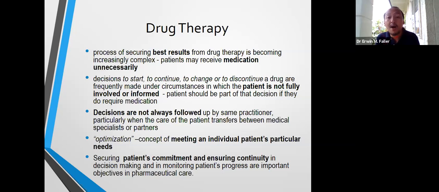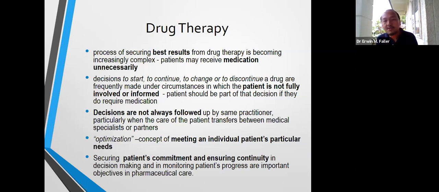We empower them in terms of their diseases and their medication. And decisions are not always followed by the same practitioner, particularly when the care of the patient transfers between other medical professionals. So if there are other doctors, there may be another decision from another medical doctor or healthcare professional.